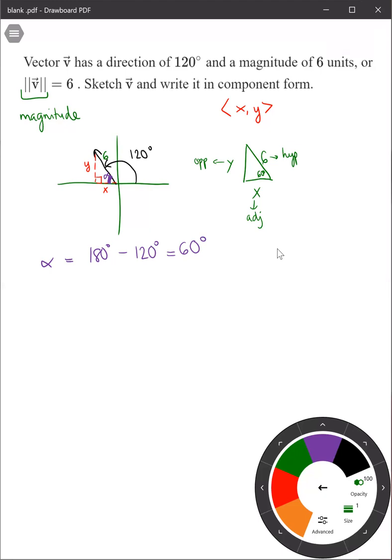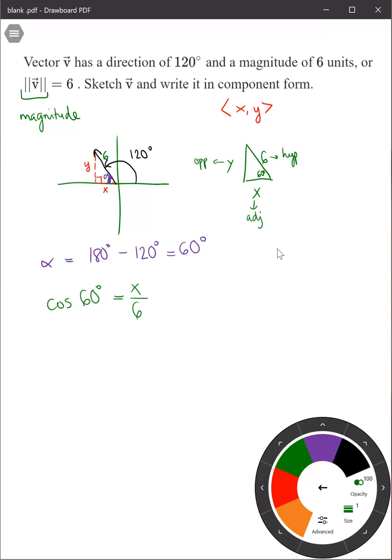So then we have cosine 60 degrees equals x over 6, right? And keep in mind, cosine of 60 degrees is actually a number.